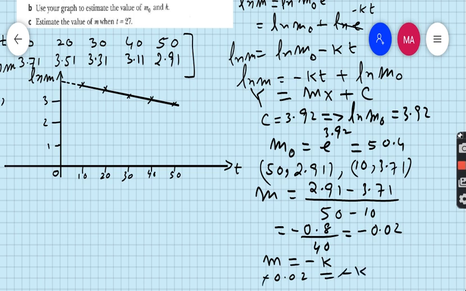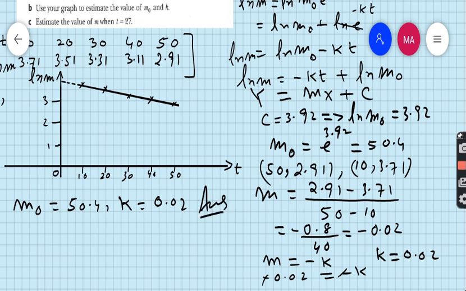Minus cancels minus, so k is 0.02. Final answer of part B is m naught is equals to 50.4 and k is equals to 0.02, and this is our final answer of part B.